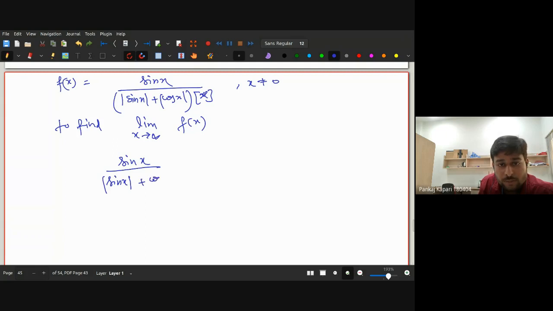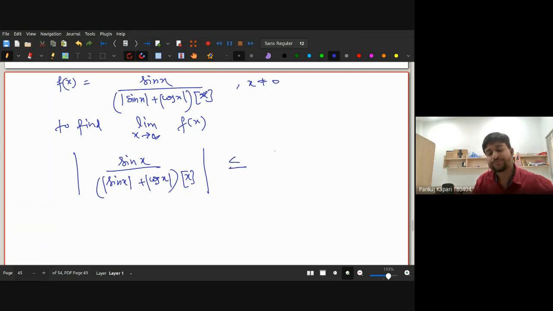Note that for our function, if you put a modulus sign, then this is less than or equal to... We just assume that x is positive, because we are finding the limit when x approaches infinity. So we can assume that x is very large, and in particular that x is positive.